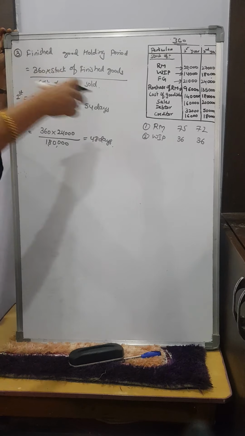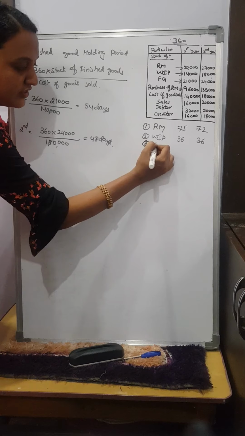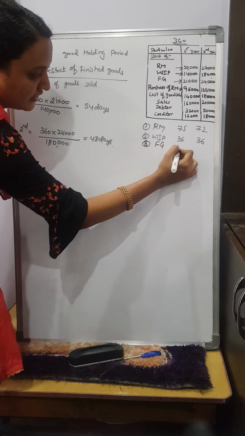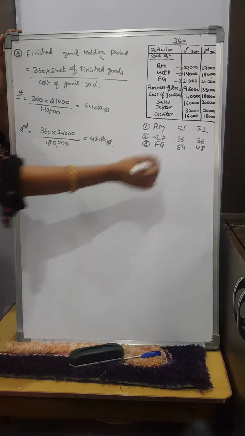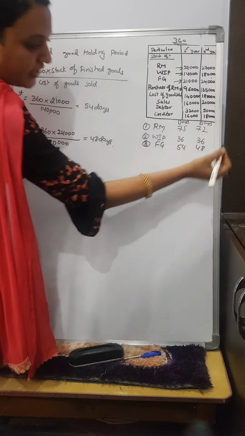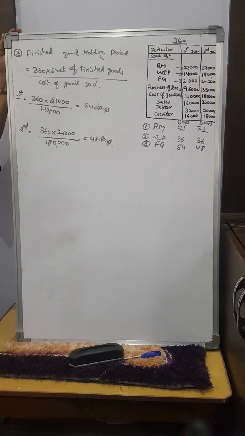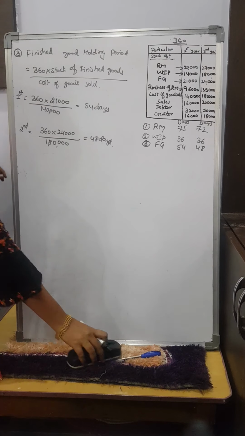So we are done with raw material, work in progress, and now finished goods. That is 54 days and 48 days. All these reflect in the form of days only, because we are calculating the operating cycle, how many days it will take to cover that operating cycle. So we are done with finished goods holding period.